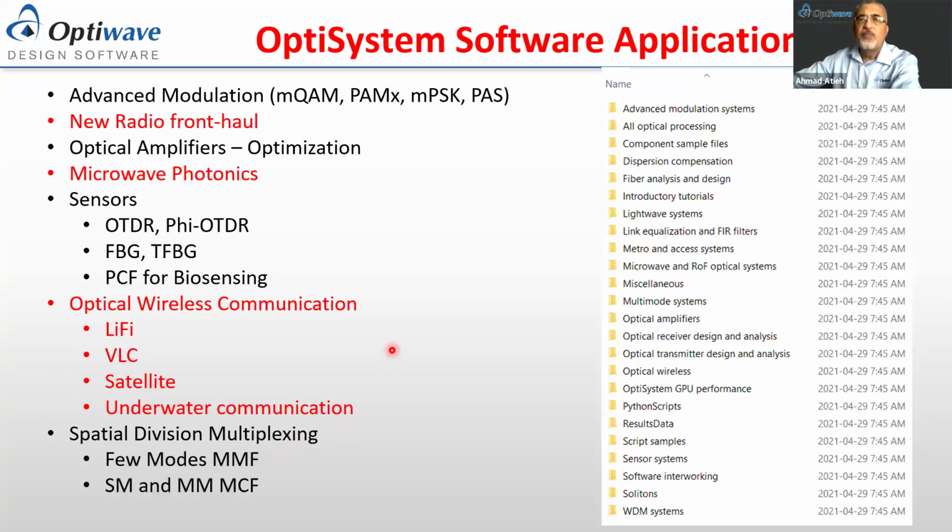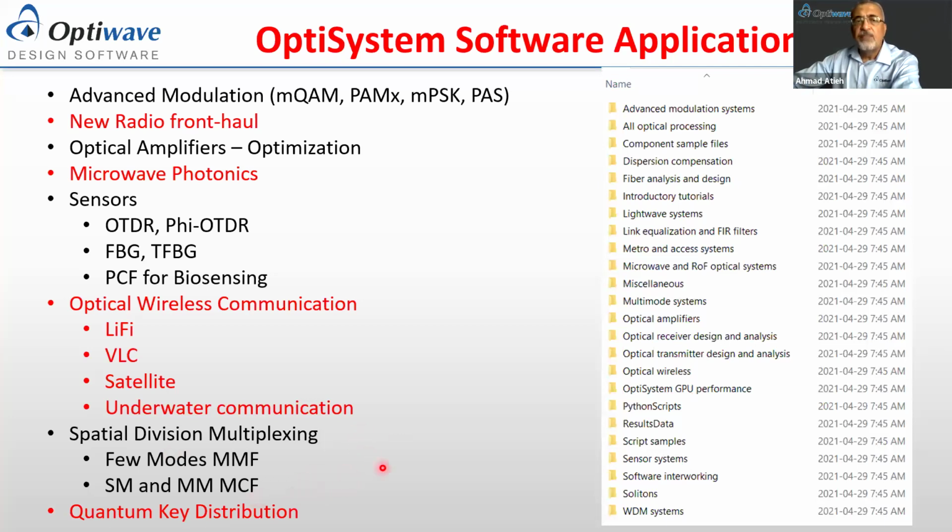As you can see here, almost every application in communication, you have an example which helps you to build on it and learn how to use the components. In terms of spatial division multiplexing, there are examples for single mode or multi-mode or few modes, and on single core or multi-core fibers.